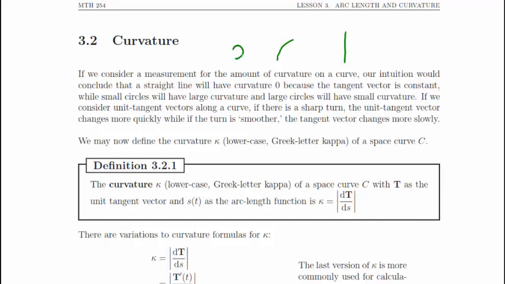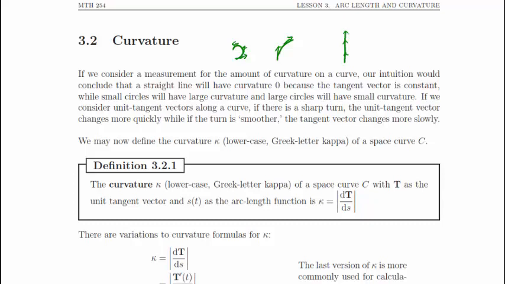So here, if I'm moving along this tight curve, the unit tangent vectors are switching direction really quickly, while here the unit tangent vectors don't change direction as quickly. Here the unit tangent vectors are the same everywhere. So we see that looking at the rate of change of the direction of the unit tangent vector is going to give us some measurement of curvature.